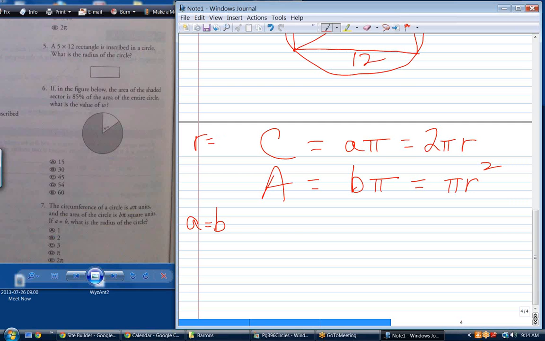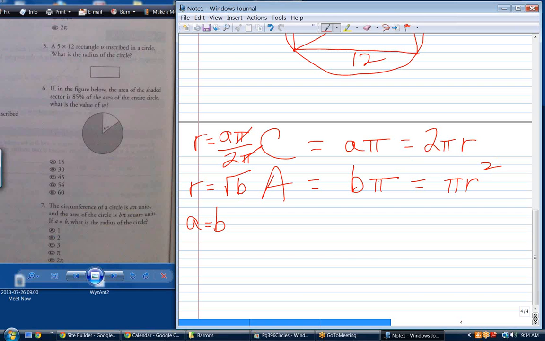In this case, A pi over 2 pi. Okay. And for area, what is the radius equal to? It would be the square root of B pi divided by pi, so square root of B.